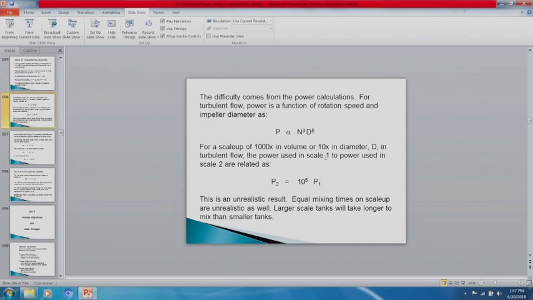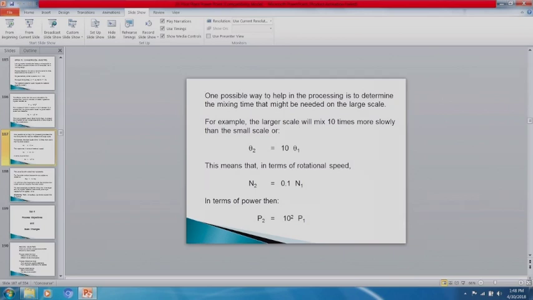So if we go from scale 1 to scale 2 trying to maintain the same mixing time N theta with the same rotational speed, equal mix times on scale up are unrealistic. Large scale tanks will take a long time to mix. So the process objective is basically impossible.